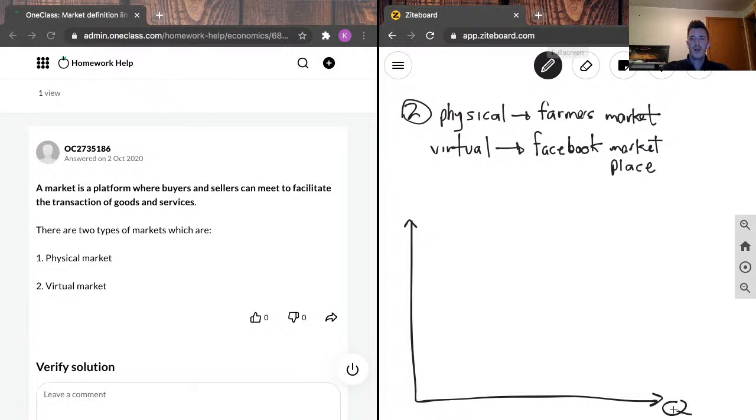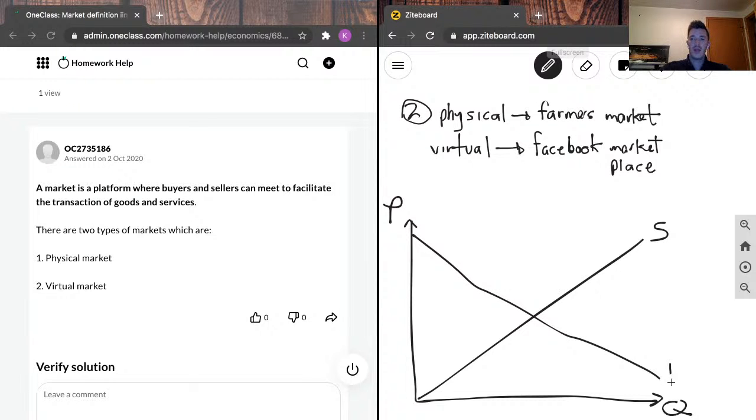Draw a graph with quantity on the x-axis and price on the y-axis. Supply slopes upwards. So these are like the vendors that show up at the farmer's market. They supply the goods, or people posting on Facebook saying, hey, I want to sell this. And the demand slopes downwards.